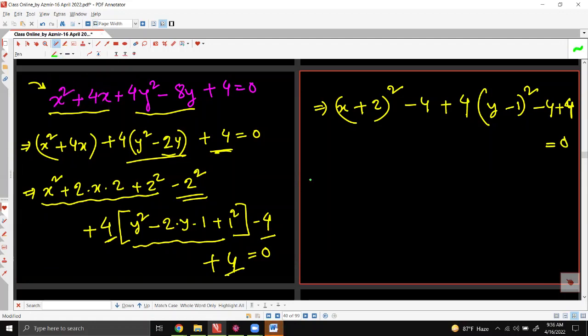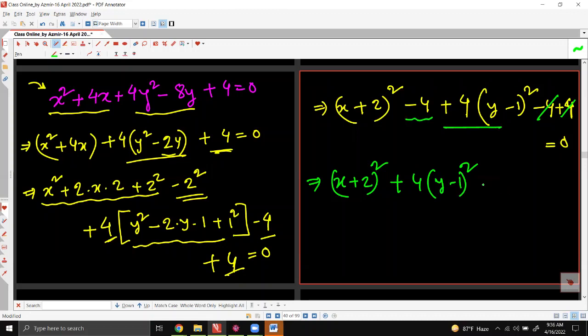So now you can see that the 4 and 4 cancel. We have x plus 2 squared plus 4 times y minus 1 squared, and we can transfer negative 4 to the right side. We are getting positive 4.